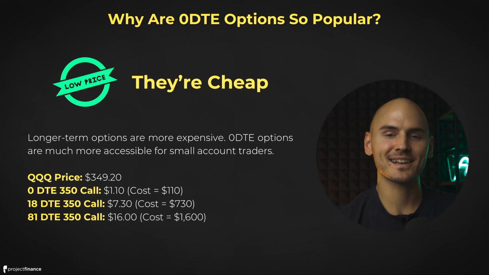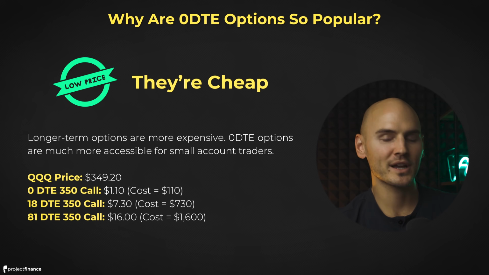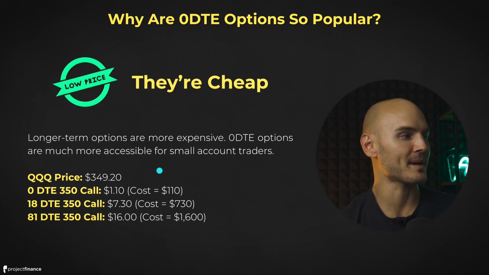Why are zero DTE options so popular? First is that they are cheap. Longer term options are much more expensive, so zero DTE options are much more accessible for traders with small accounts. For example, QQQ price as of today was $349.20, and I looked at the zero DTE 350 strike call.